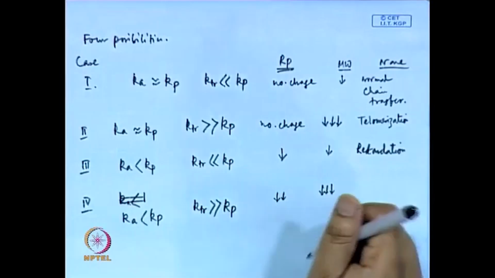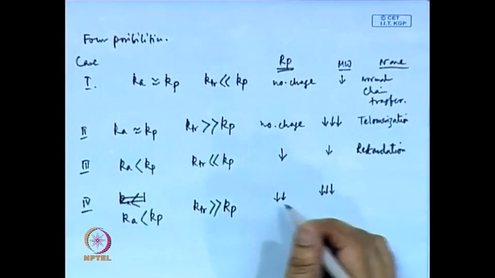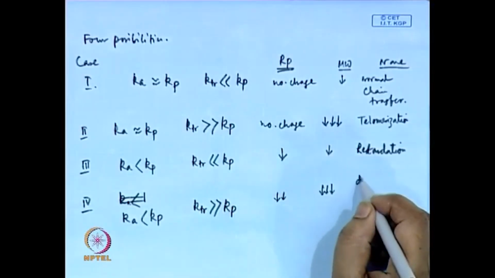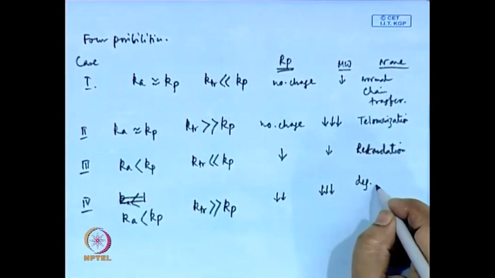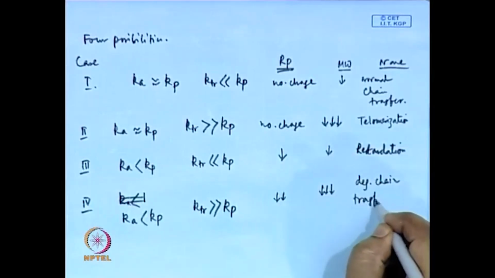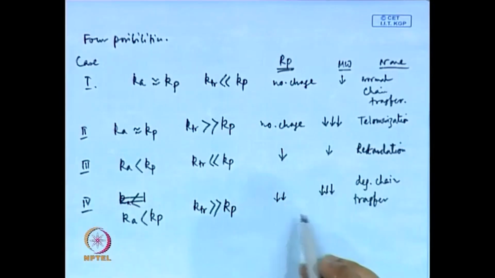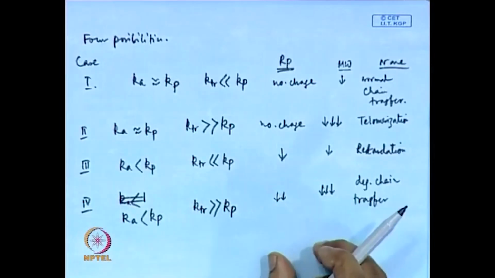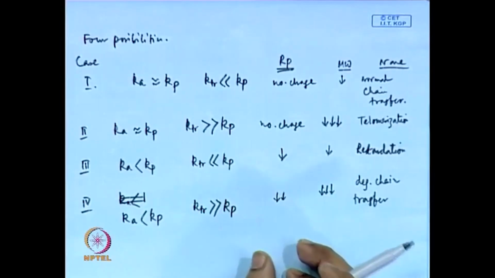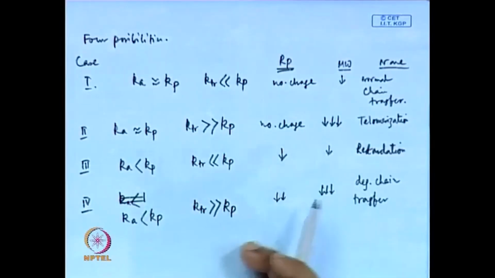So, both a large decrease in the molecular weight as well as a large decrease in the rate of polymerization, and this we term as degradative chain transfer. Here in the reaction you get extremely low molecular weight polymers or oligomers, and the rate of consumption of the monomers is much lower.